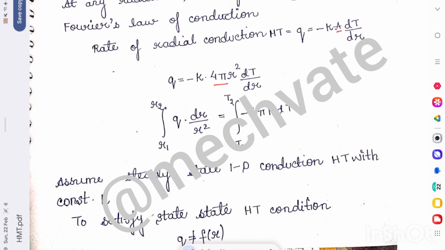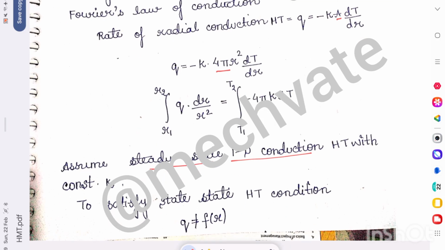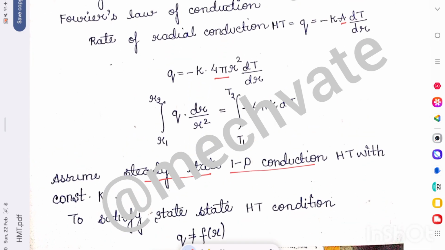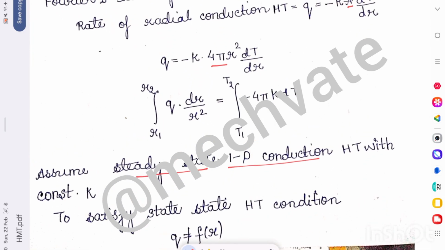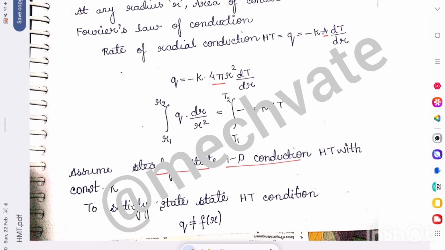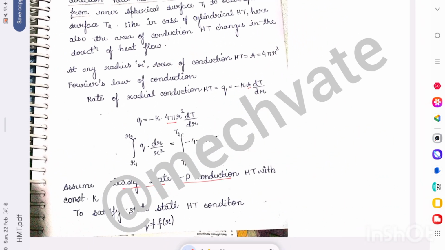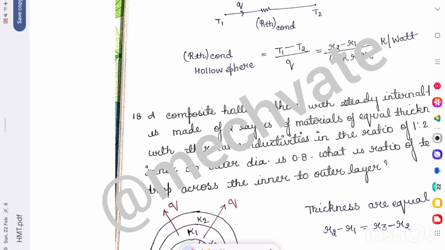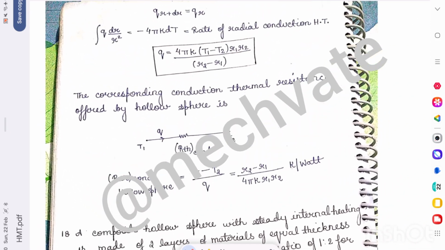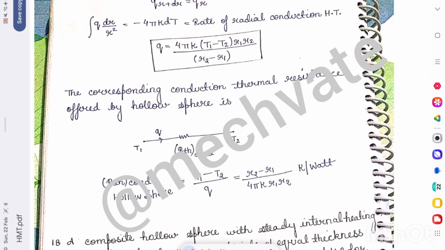Assume steady state, so this equation is for steady state one dimensional heat conduction with constant K. To satisfy the steady state condition, Q is not a function of r, because steady state means it is not a function of time. Q is constant.